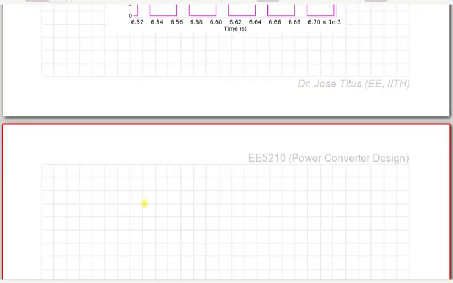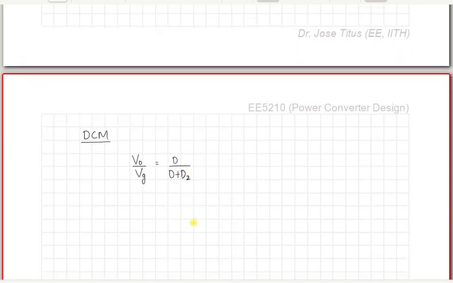So what we are looking at now is the DCM operation, and in the DCM mode we have the relation VO by VG is equal to d divided by d plus d2. We have seen that.